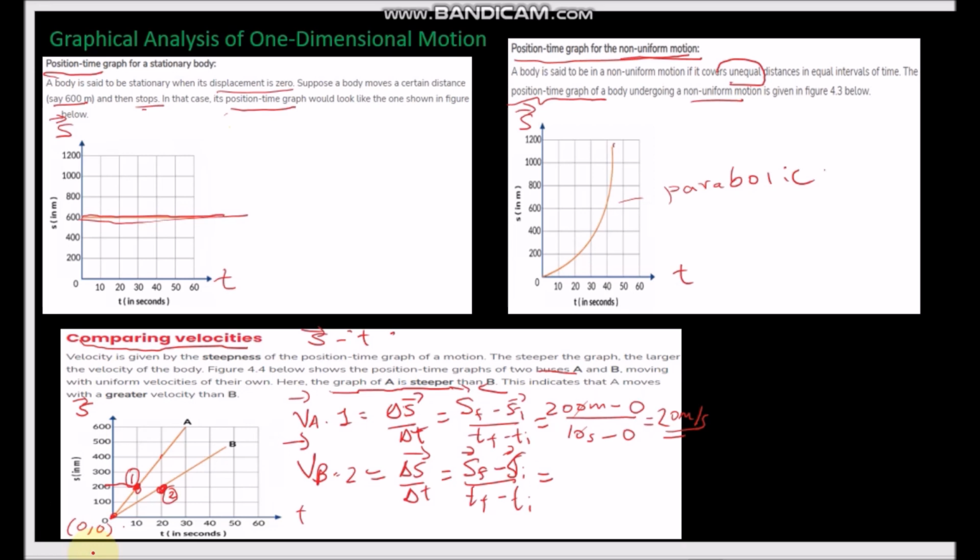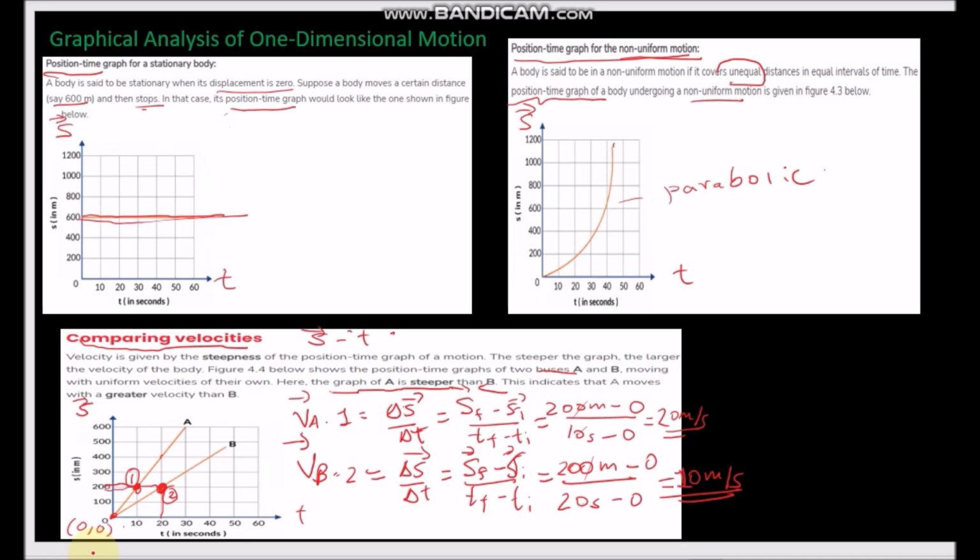S final, the corresponding displacement at this point, is 200 meters, minus the corresponding initial displacement, 0, over the corresponding T final, which is how much? 20 seconds, minus the initial time, 0. That is equal to 200 divided by 20, which is 10 meters per second.